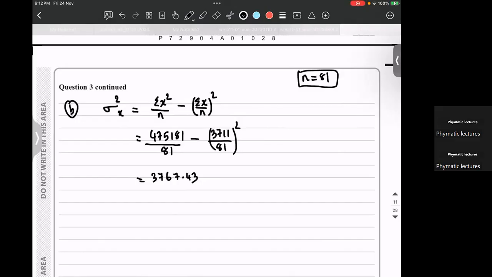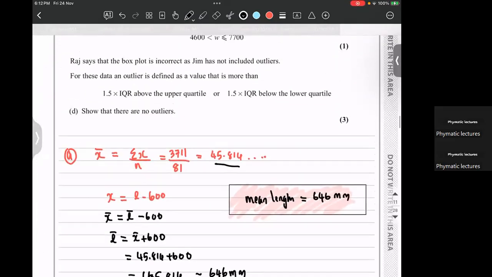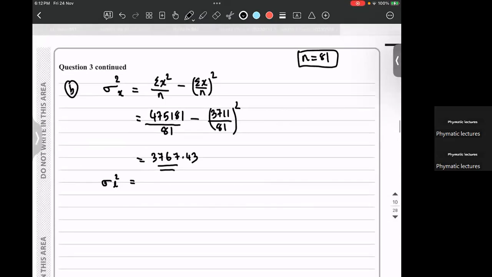And therefore, we need to find the variance of the original data. That means sigma L square. We revisit the coded equation once again. So x is equal to L minus 600. So what is the coefficient of L? It is 1.